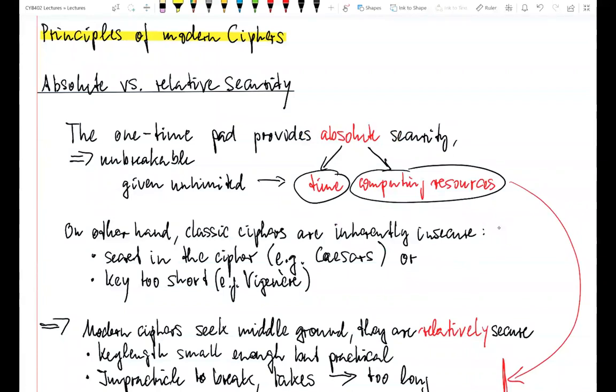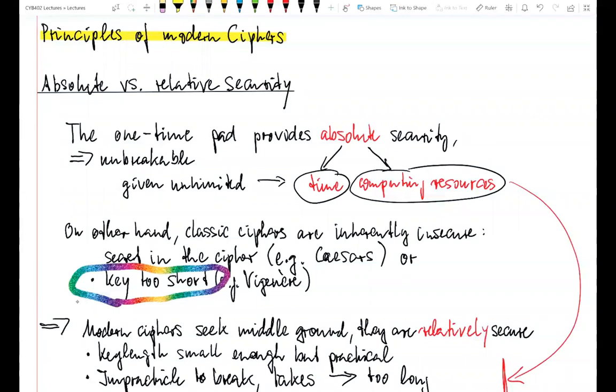The reason why they are inherently insecure is that the secret may lie in the cipher itself, like the Caesars or my grandmother's cipher, or the key may be too short. We just saw that with Vigenère.